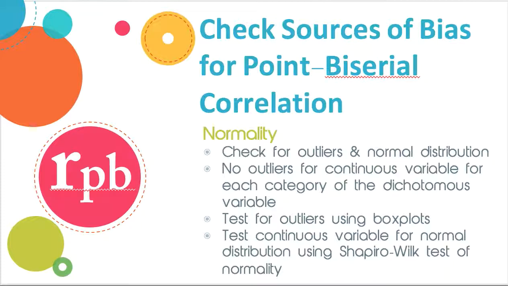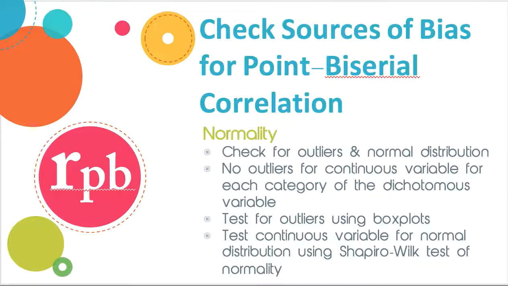Then there should be no outliers for the continuous variable for each category of the dichotomous variable. And you can test for your outliers using box plots. And then your continuous variable should be approximately normally distributed for each of the categories of the dichotomous variable.